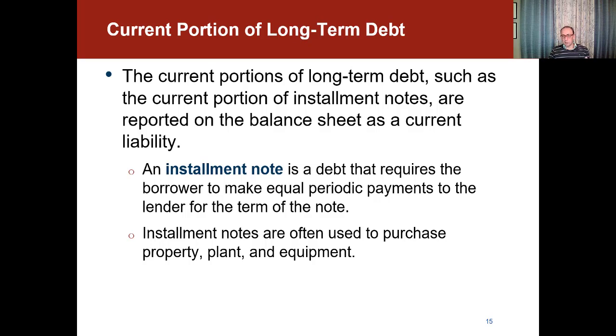This current portion is going to be considered a current liability. So the current portion of long-term debt, such as the current portion of installment notes, is reported on the balance sheet as a current liability.